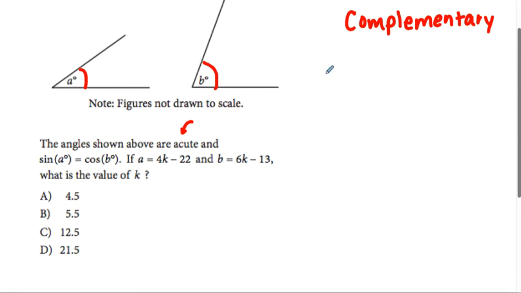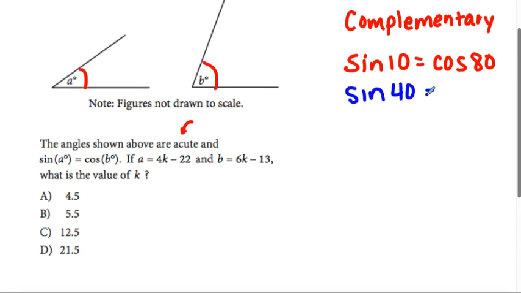So let me make that more clear. The sine of 10 degrees is going to have the same value as the cosine of 80 degrees. The sine of, say, 40 degrees is going to have the same value as the cosine of 50 degrees. So you can see that these are complementary. These numbers add to 90. These numbers add to 90.